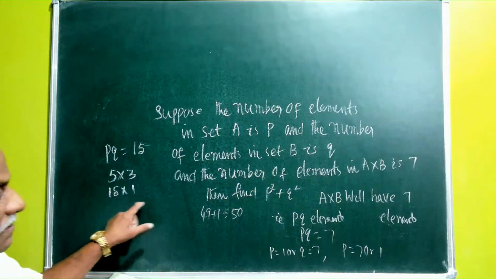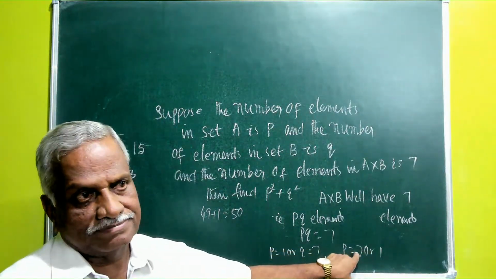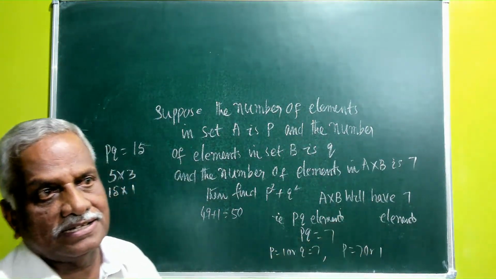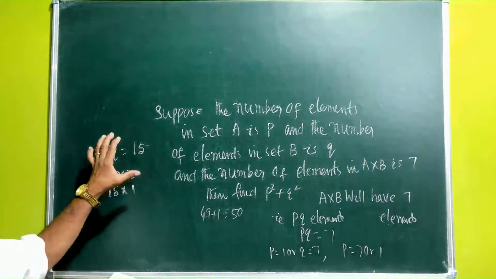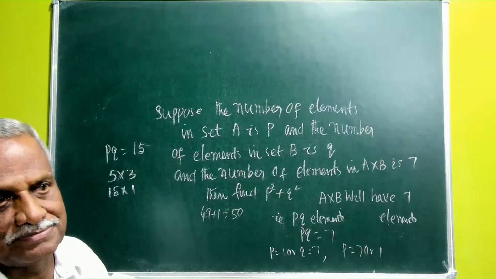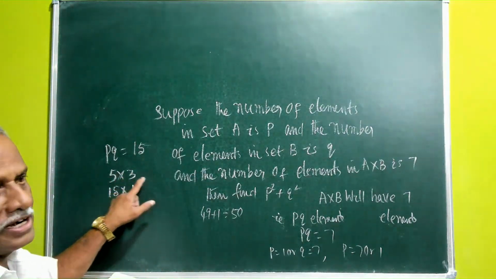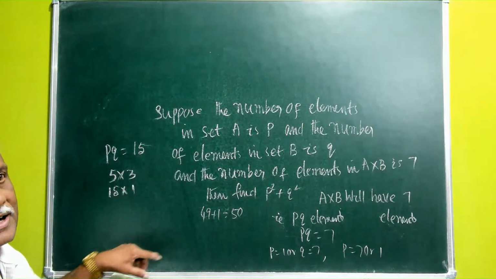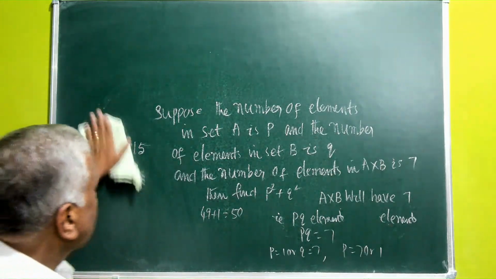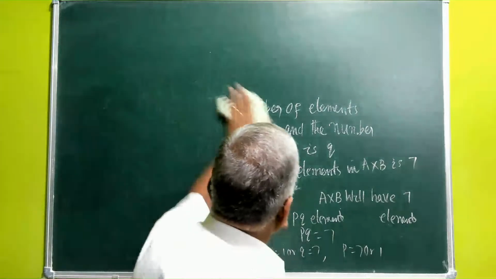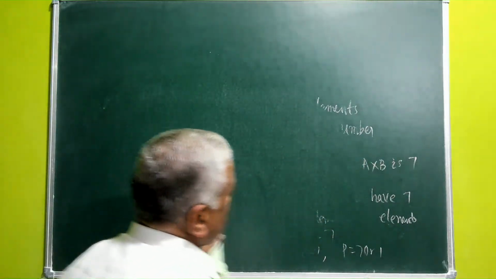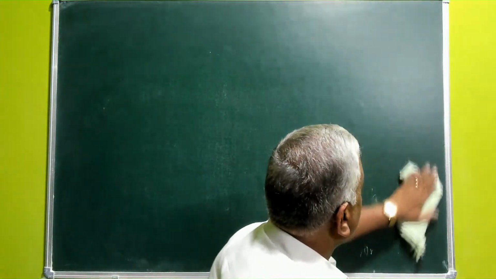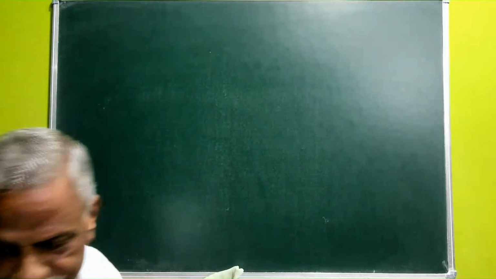Therefore, they will always give a prime number. In case they give any other number, they have got to give more choices. Either P is equal to 3 and Q is equal to 5, P is equal to 5 and Q is equal to 3, or P is equal to 15 and Q is equal to 1. All possible answers will have to be given. But what is the concept required here is to remember A cross B will have mn elements.